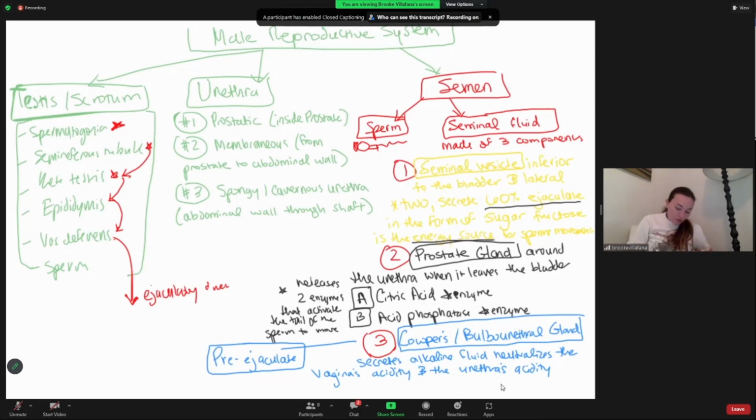So the ejaculatory duct, I feel like this is a good spot to put it, because it has a little definition too. The ejaculatory duct is going to combine the seminal vesicle ducts.